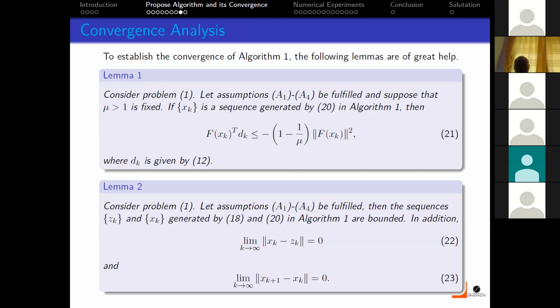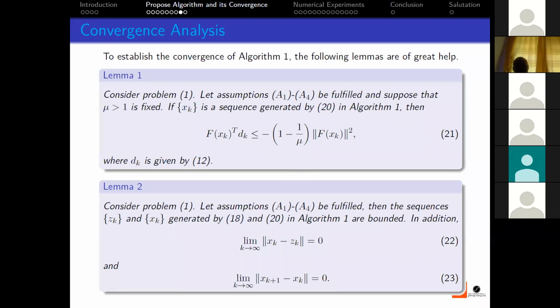Like I mentioned earlier, the whole idea of the modification, which I got from the paper of Koropeti and Kylo, is to establish the descent property and boundedness of the direction. And that descent property and boundedness of direction helps in showing the convergence of the algorithm. So this first lemma is telling us that the direction is sufficiently descent.